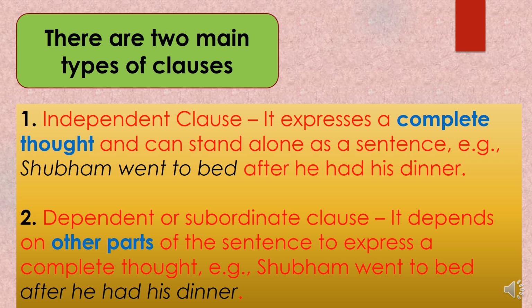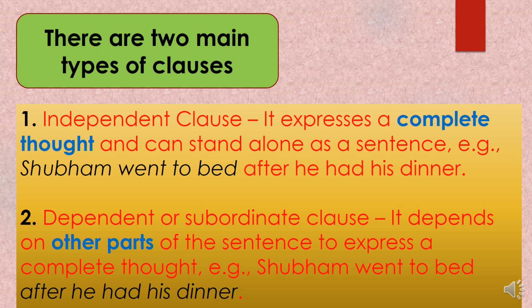Now see the next part, after he had his dinner. If you write it alone, a question may arise: what did he do after he had his dinner? So here it is not completing any thought. It is depending upon the first part of the sentence to complete its thought.